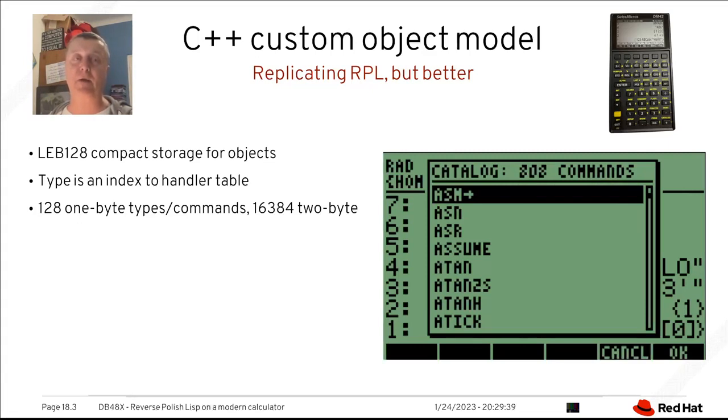And as a reminder, in RPL, that was 2.5 bytes, 5 nibbles for each type. So I'm saving a little here. So you see here the catalog on the HP 50, I think.